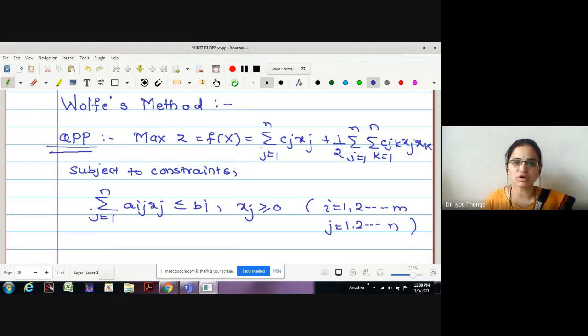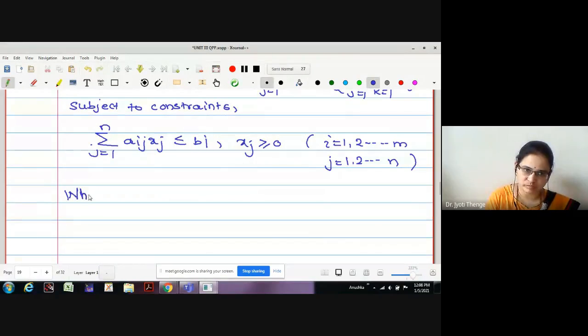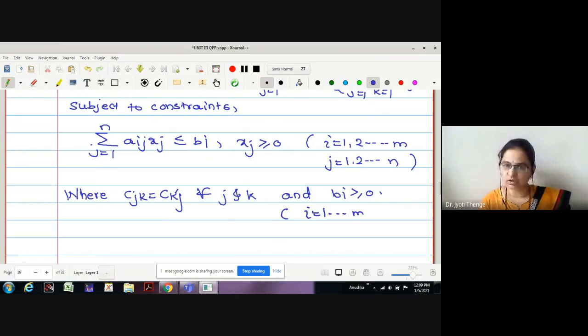One more property of the cjk coefficients: cjk equals ckj for all j and k, and the right-hand side constants bi are non-negative for i equals 1 to m. This is the quadratic programming problem under our consideration. Now we will go for the Wolfe iterative procedure.